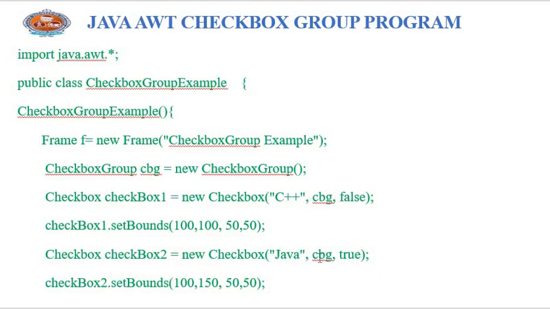Here this one is false and this one is true. That means the first checkbox1, C++, is false, and checkbox2 is true. Here next set the bounds, object is checkbox2 dot setBounds, 100, 150, 50 and 50.